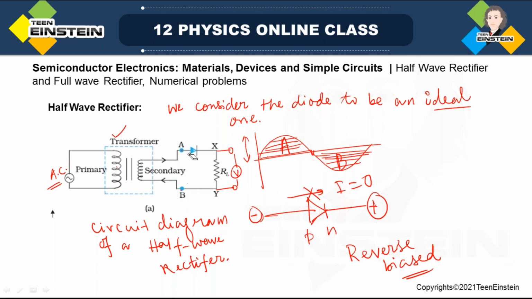Okay, so after completing one full cycle, again it starts from positive, so A will again be at positive potential and B will be at negative potential. Again it will be forward bias, then it will be reverse bias, like that it will go on. And see how the output waveform will be.